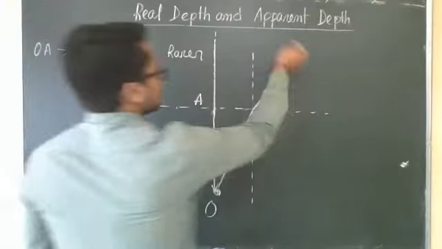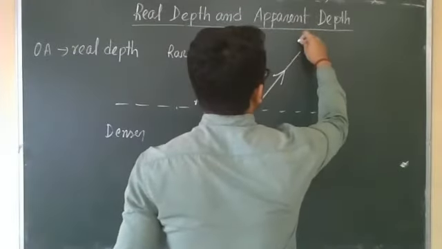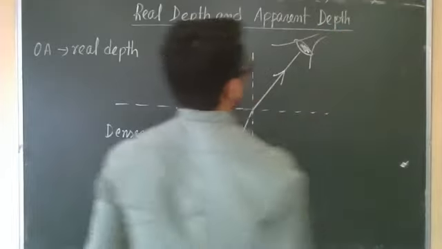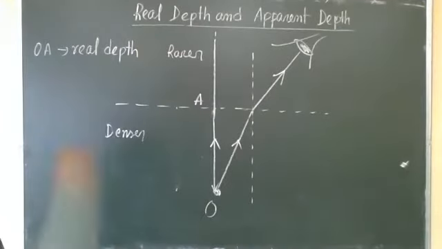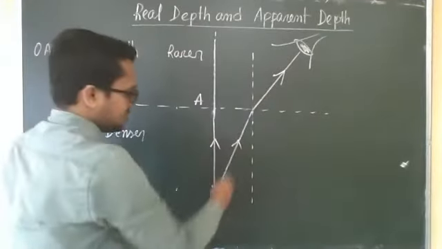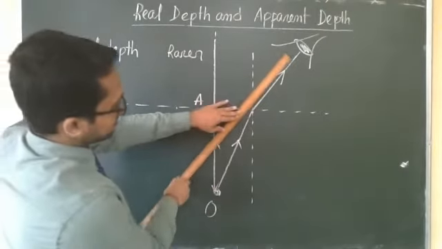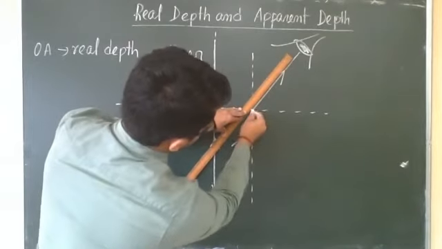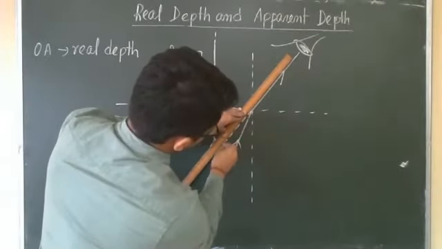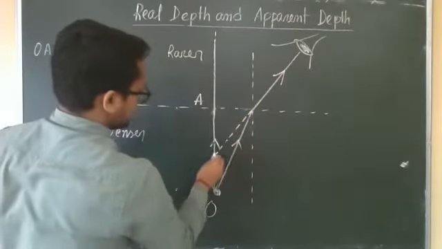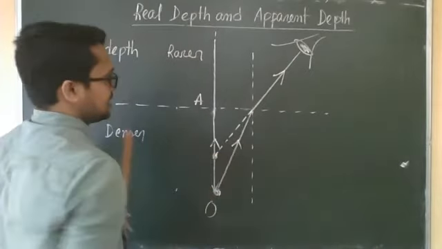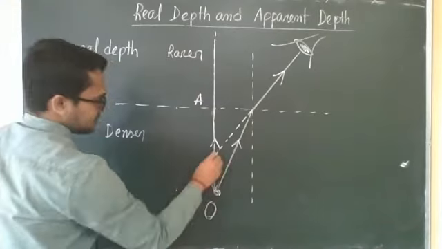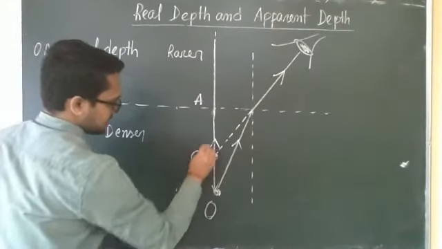Now if we see it from this point, our eye cannot follow the bent path. Our eye will follow the straight path. What is the straight path? This is the straight path, right? Our eye will follow this path, and the eye will see that the object is not here, the object is here.